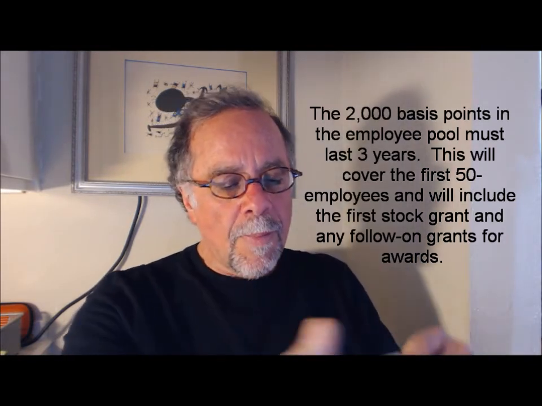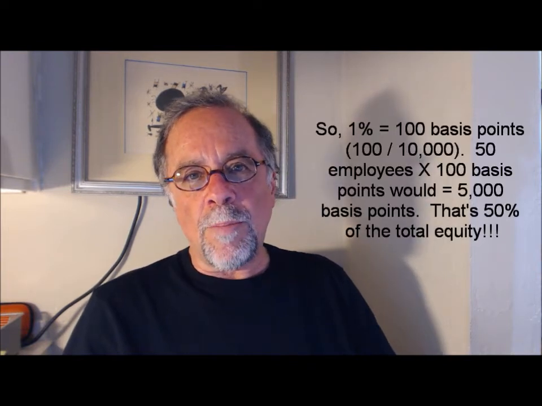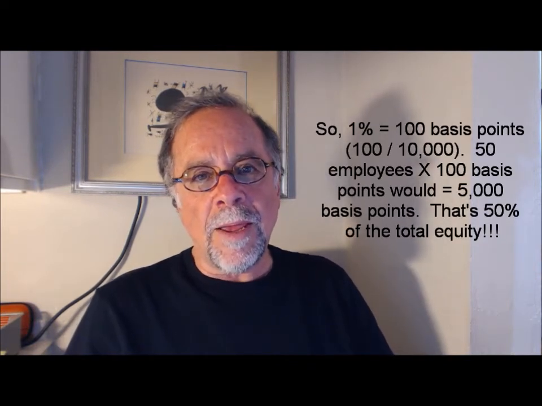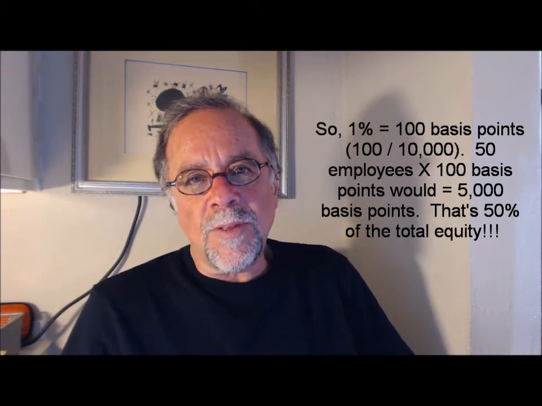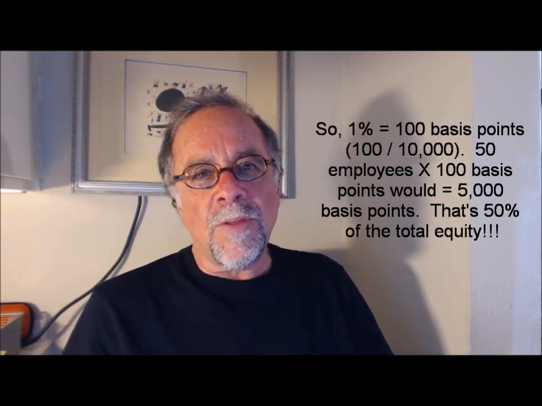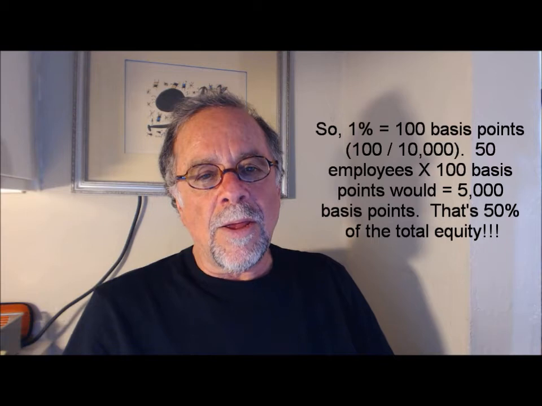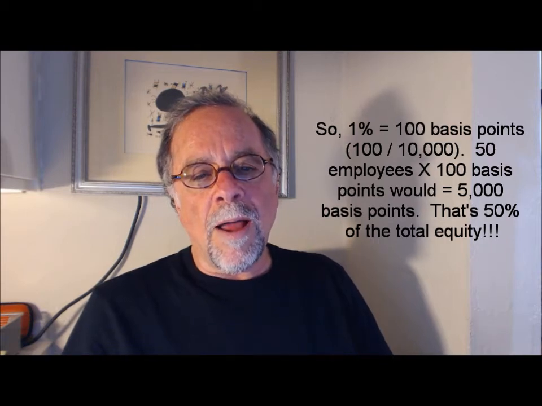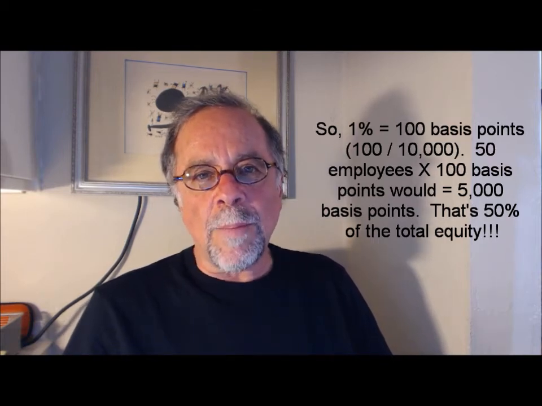So you can very quickly see how if you were to give out 1% to the first 50 employees, that's 100 basis points times 50. That's 5,000 basis points. That's 50% of all the stock in the company. So it won't work. It won't add up.